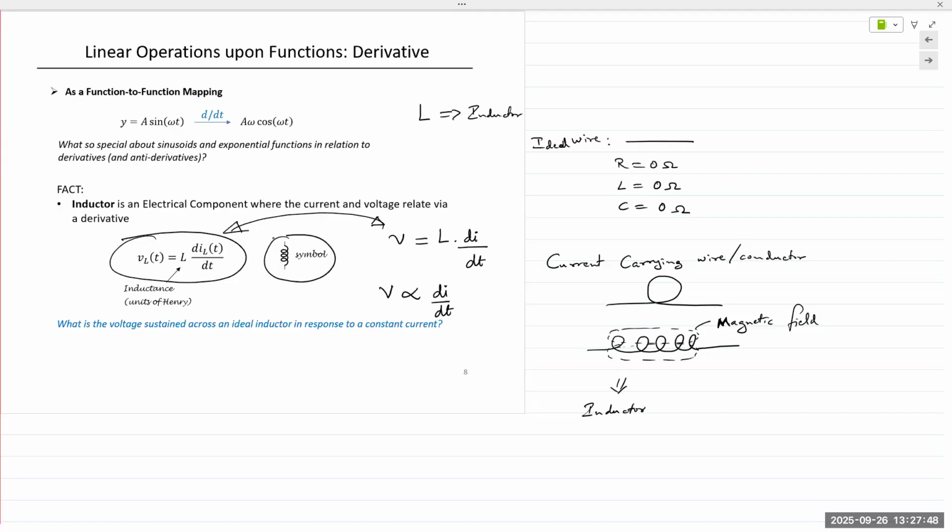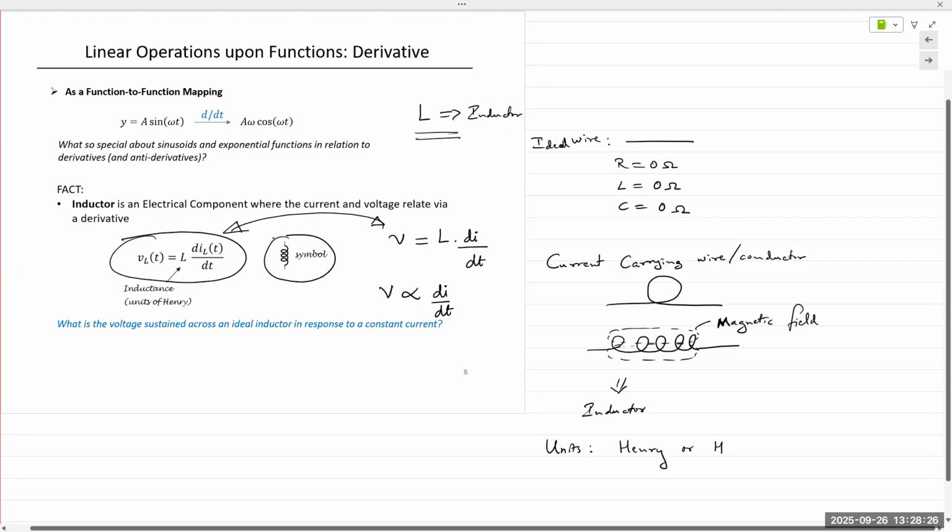The symbol for an inductor is shown here. The notation for an inductor is L, because I is reserved for current. So an inductor is noted as uppercase L. Lowercase l is length, uppercase L is inductor in electrical engineering. The unit is named after a researcher called Henry, or H for short.